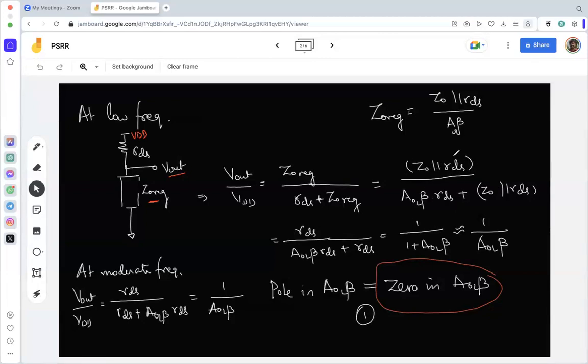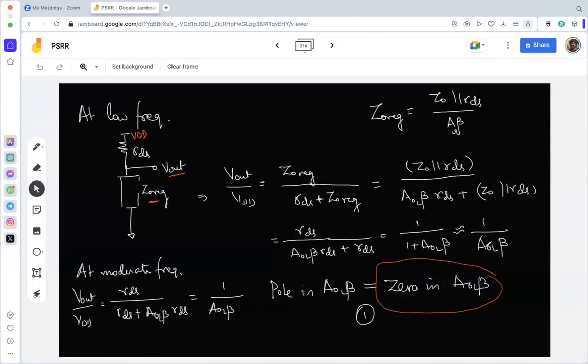Then I assume, as one of the assumptions I take, that Z0 parallel RDS is equivalent to RDS. It's just an assumption here, and you will reach a point where it is 1 by 1 plus AOL beta.